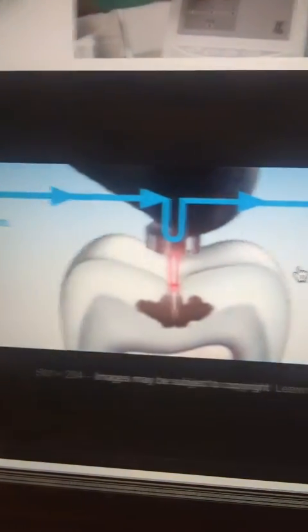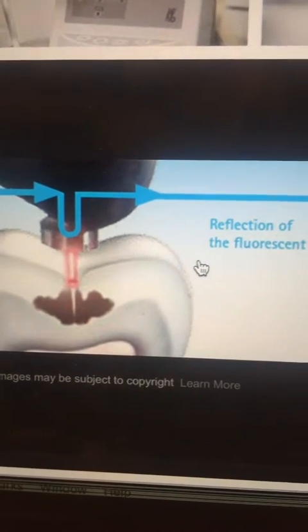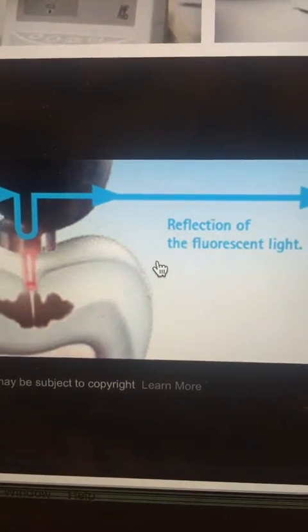What it does is, you can see the image here. Coherent beam, light comes in, and then it absorbs it again. The reflection of the fluorescent light.